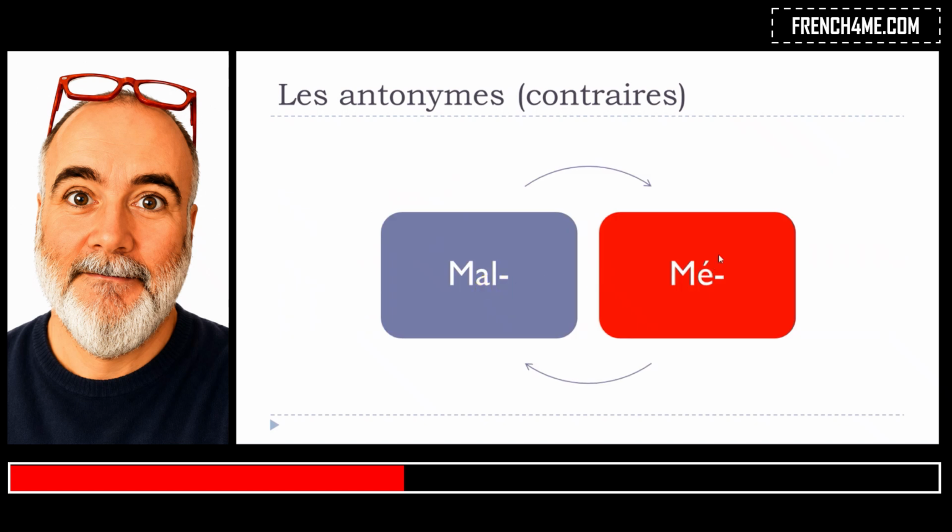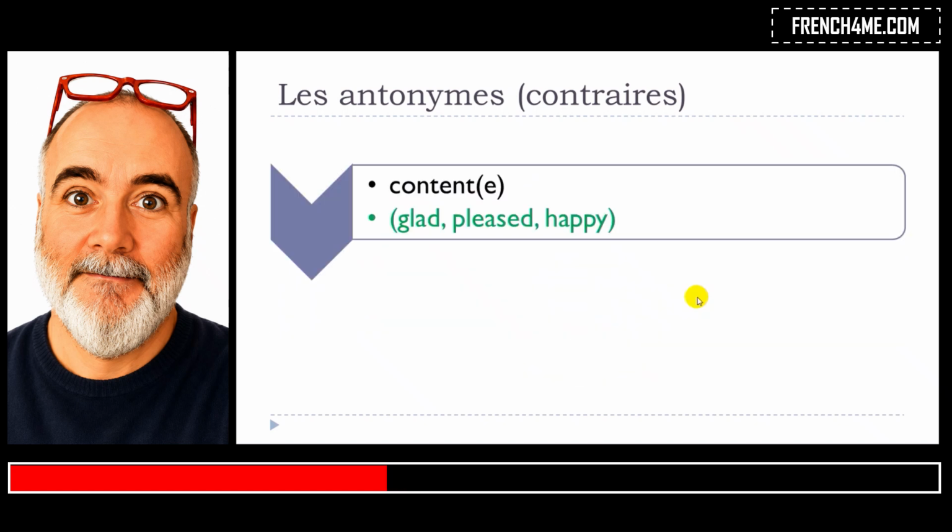Now let's see the ones that start with mé, okay? The first one is content, okay? I did put the feminine form here. So content, masculine form. Of course, if you put the feminine form, then you will have to add an e and phonetically it will be a bit different. It will be contente, okay? So masculin, content, féminin, contente.